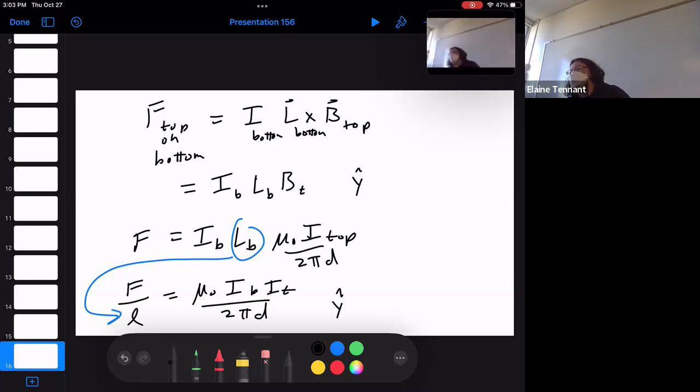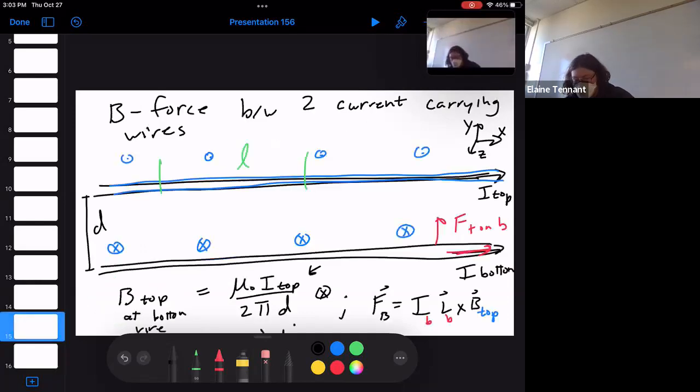Let's really quick just go through it the opposite direction. So if instead of the magnetic field of the top at the bottom wire, I wanted the magnetic field of the bottom wire at the top, what would be different about this equation? The direction would change. Okay, so let's do that.